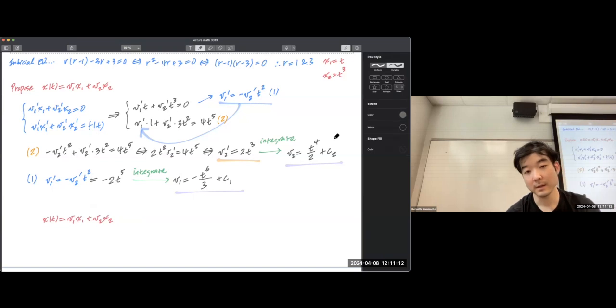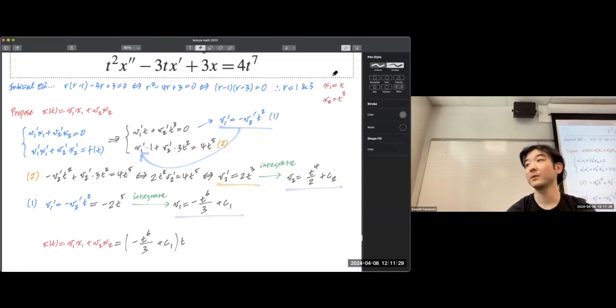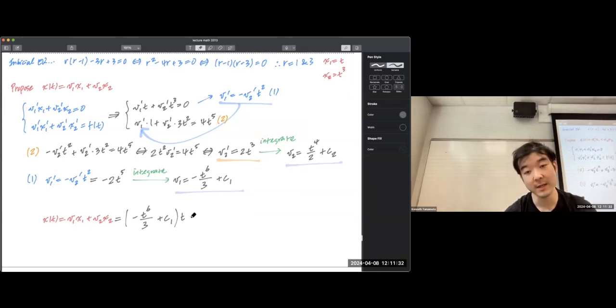So our V1 is this guy, and our X1 is, I'll just say X1 is T, because we've said that the first homogeneous solution is T. Plus we have the second one, which is V2, and the second homogeneous solution is T cubed.